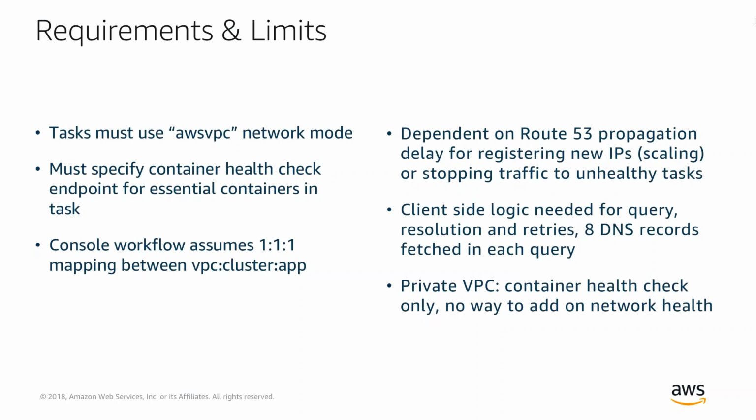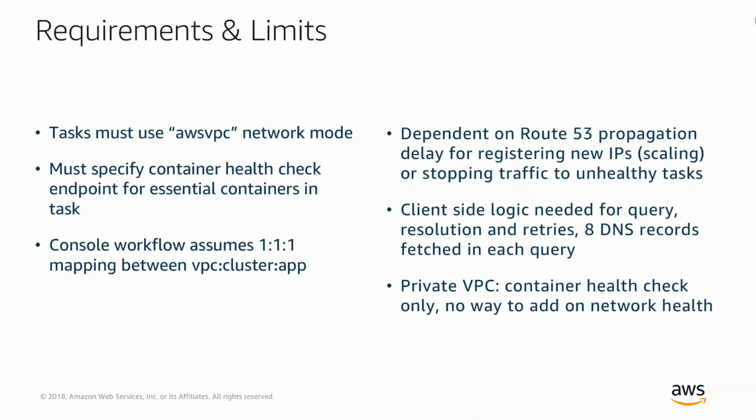Another limit is that service discovery is dependent on Route 53 propagation. As you register and deregister IP addresses, there is an expiration period on the DNS record. Route 53 DNS record propagation can sometimes take a little bit longer than, for example, an application load balancer updating. So if you've added a new task, it may not show up instantly on the DNS record. And if you remove a task, it also would not be removed instantly from the DNS record.